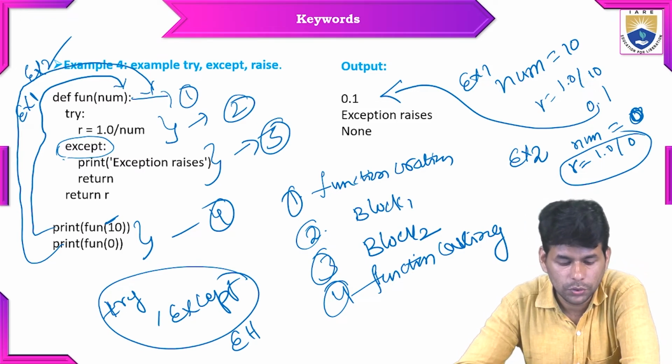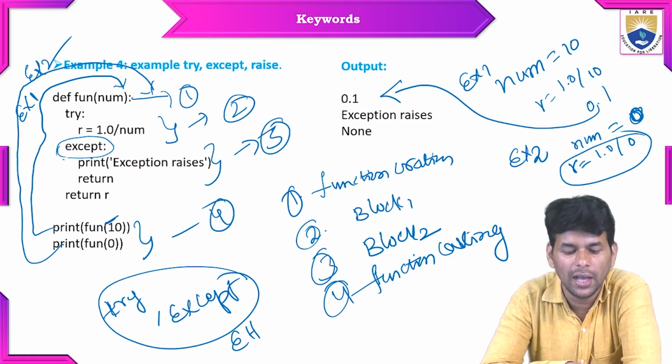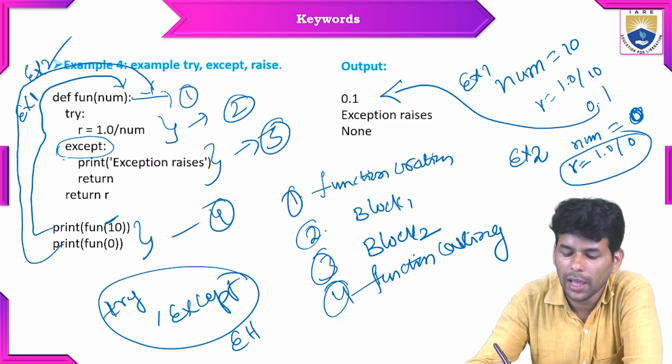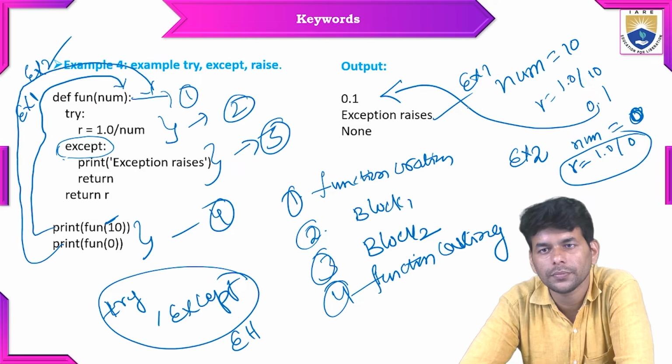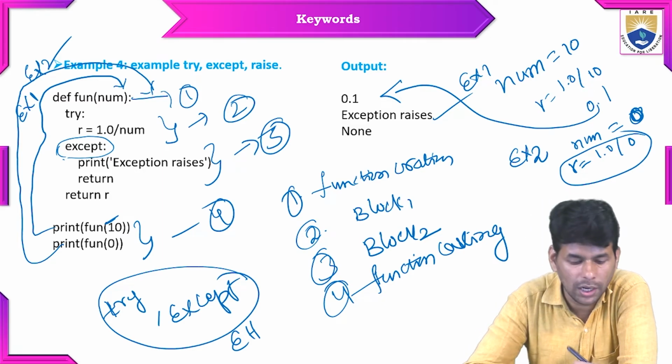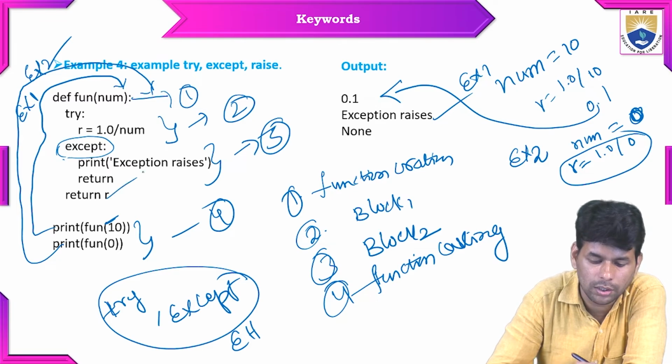Is that clear? So then print exception raises, return r, then the output will print here: exception raises. Clear? The last one is return r.